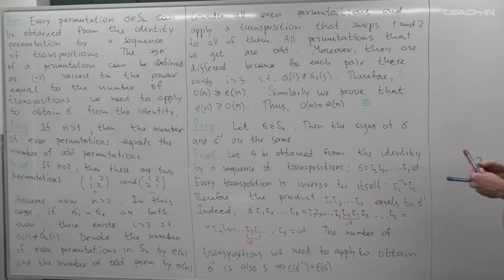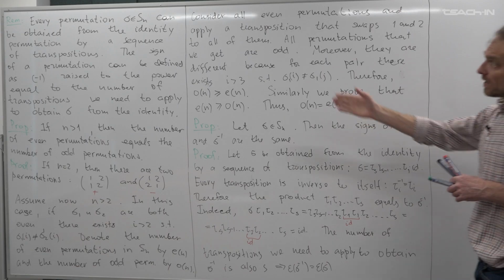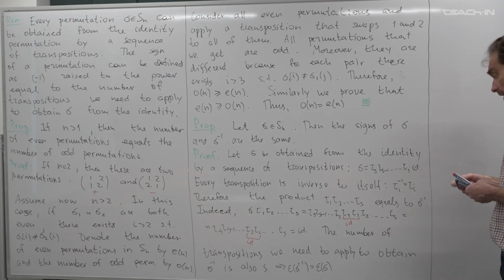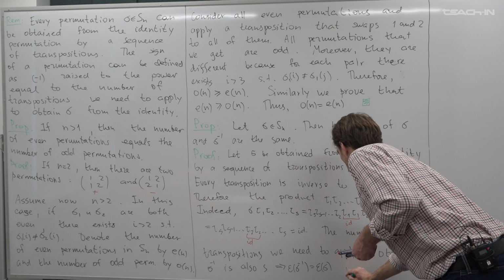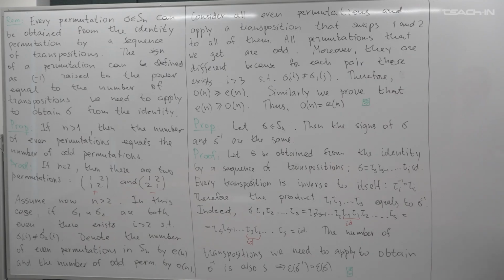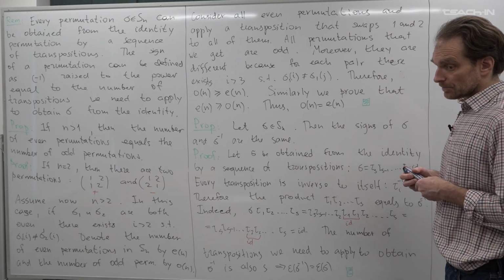So I'm using the fact that the sign can be defined as the number of transpositions we need to make, and this number is well defined, so we know that it is well defined. Okay, so this proves that the sign of the inverse permutation is the same as the sign of the permutation.